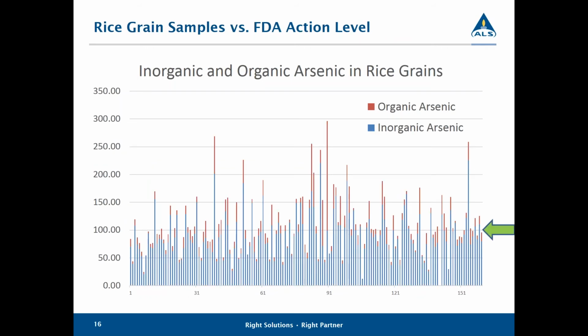This is also work we did on some rice grains. Each one of these streaks on the bottom is a different type of rice, and this shows both the inorganic contribution and organic contribution of each particular sample.